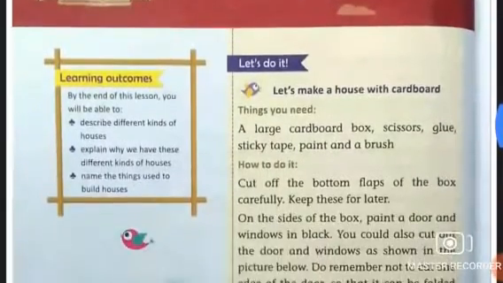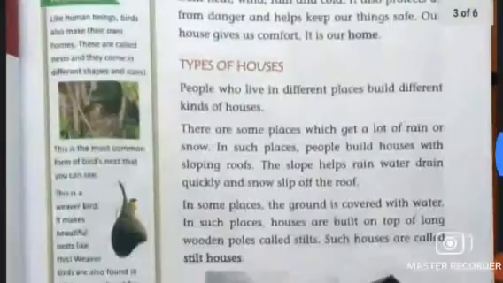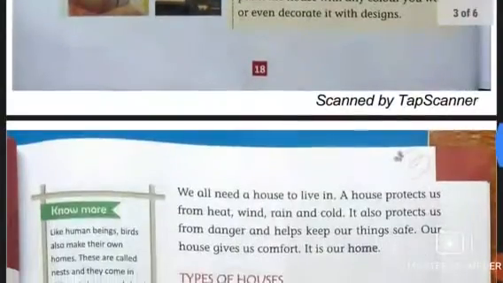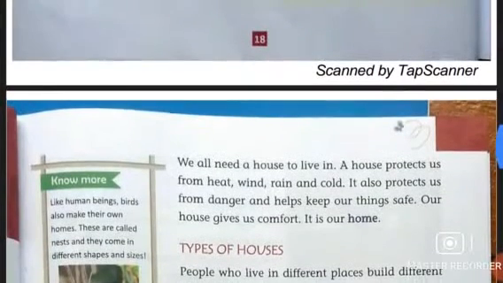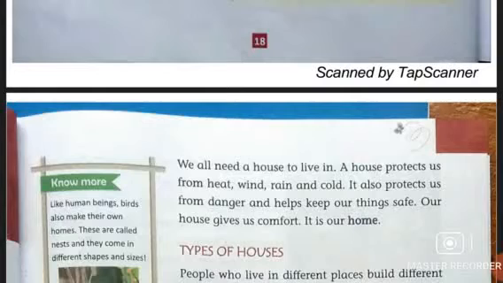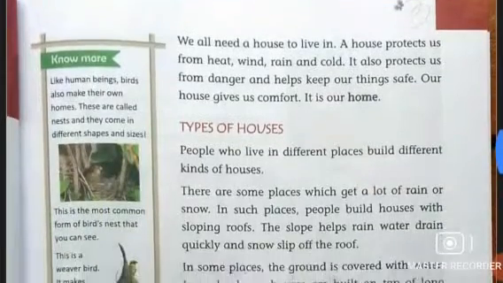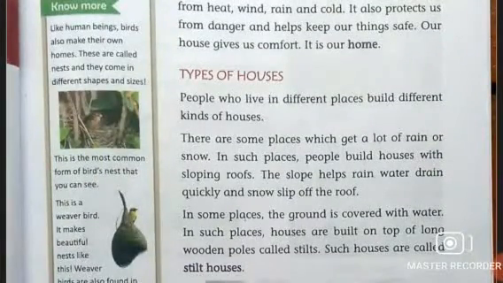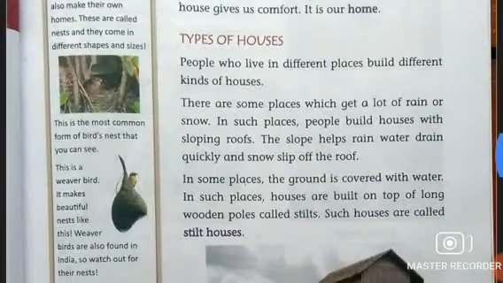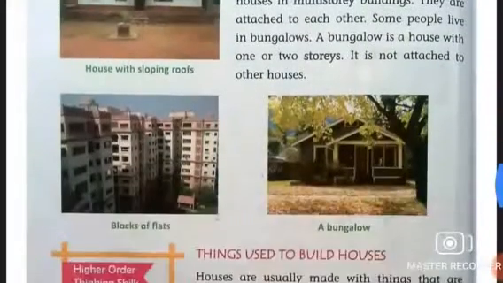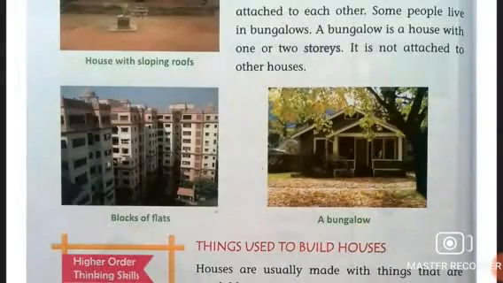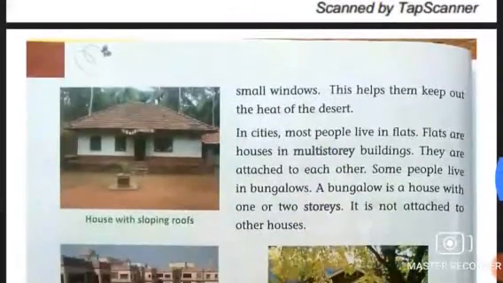In this chapter we studied different kinds of houses, why we have different kinds of houses, and the things that are used to build them. We learned about stilt houses, mud houses, houses with a sloping roof, multi-story buildings and a bungalow. These are the different kinds of houses we learned in this chapter.